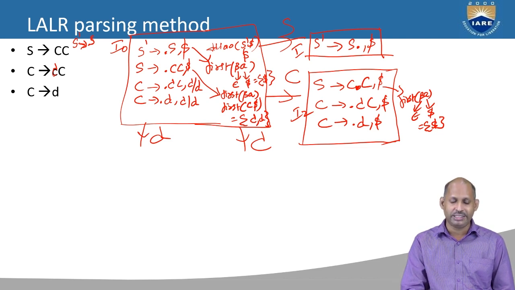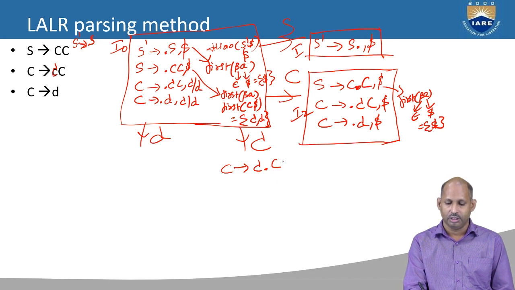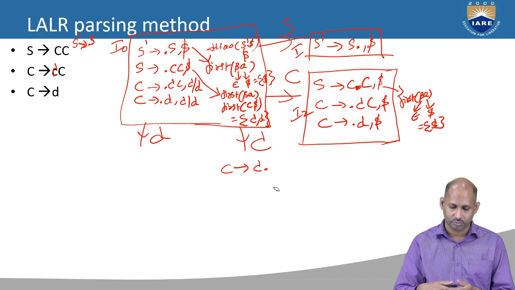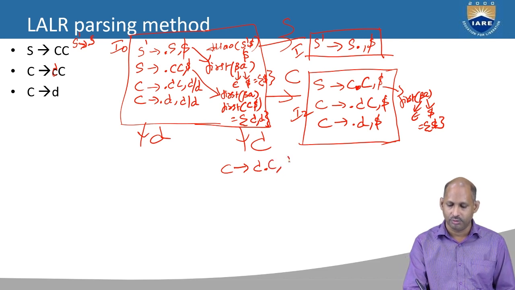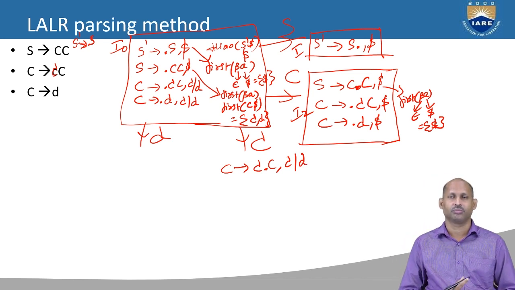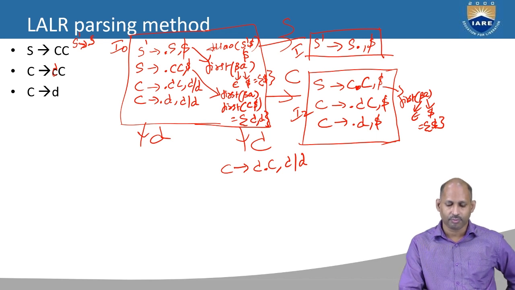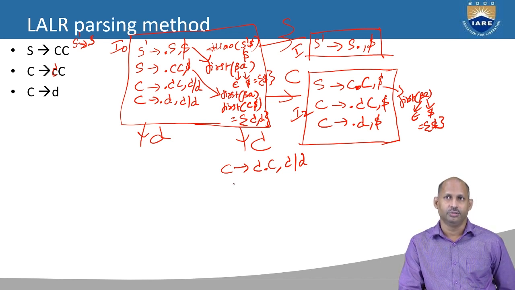Dot terminal C is the input, so C gives dot terminal C, followed by C, right?